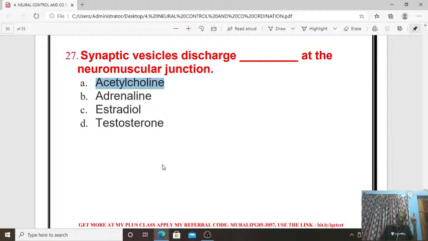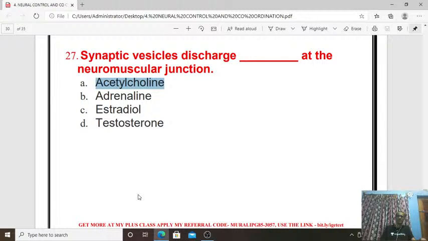Acetylcholine is the neurotransmitter present inside the synaptic vesicle, which is going to be discharged at the neuromuscular junction. So answer is A for question number 27.